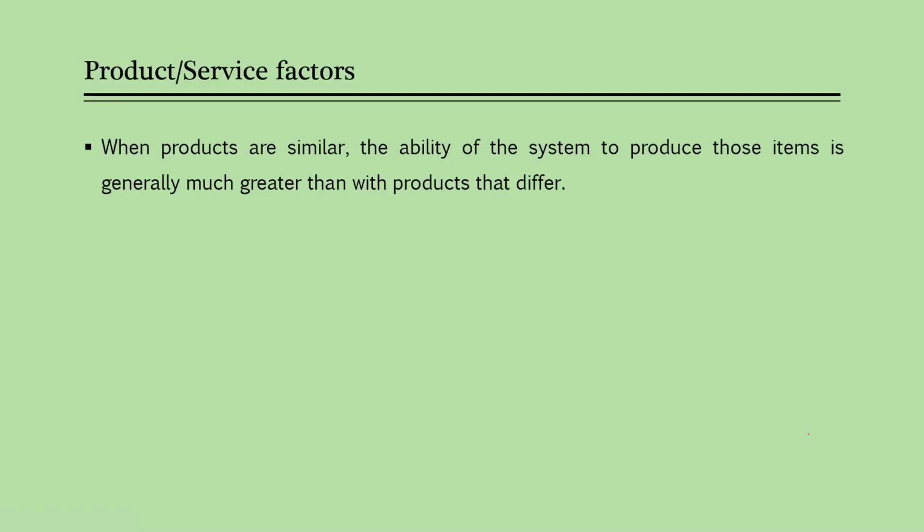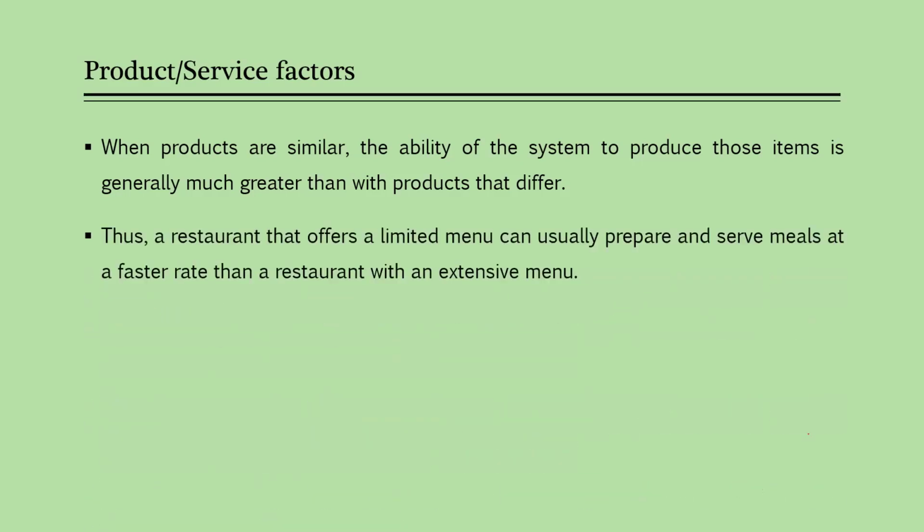That's why, when the products are similar, the ability of the system to produce those items is generally much greater than with products that differ. Thus, a restaurant that offers a limited menu can usually prepare and serve meals at a faster rate than a restaurant with an extensive menu.